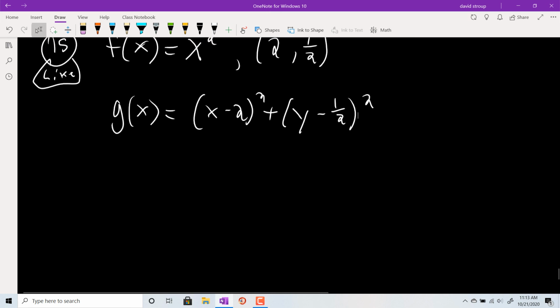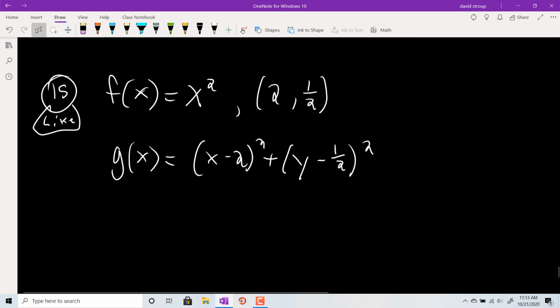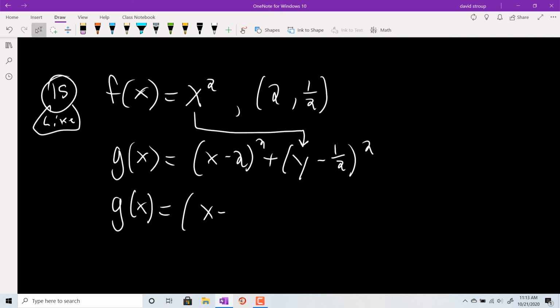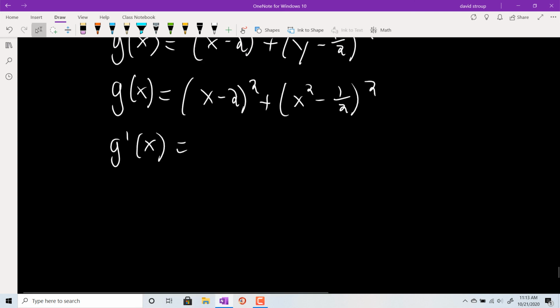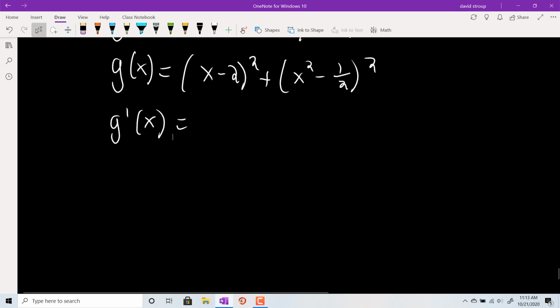Then we use the constraint formula, f of x, to reduce the number of variables in g. Really it's g of x, y, but we're going to take this f of x and put it in for y. So I'll have x minus 2 squared plus x squared minus 1/2 squared. Take the derivative. I'm going to do power rule, and chain rule on the second one.